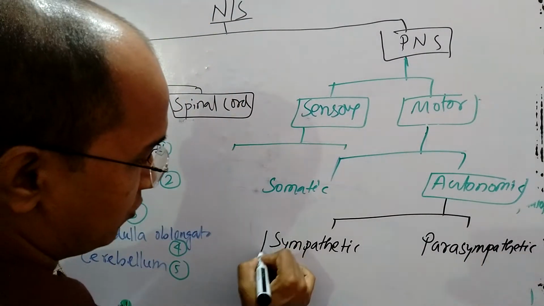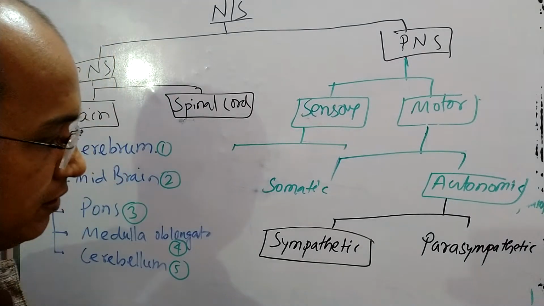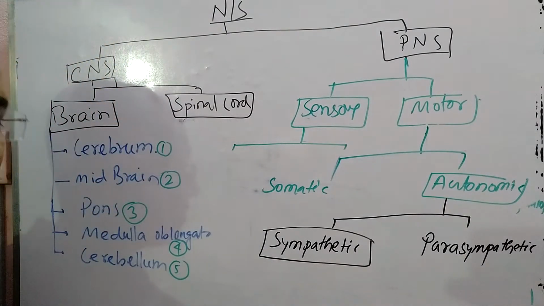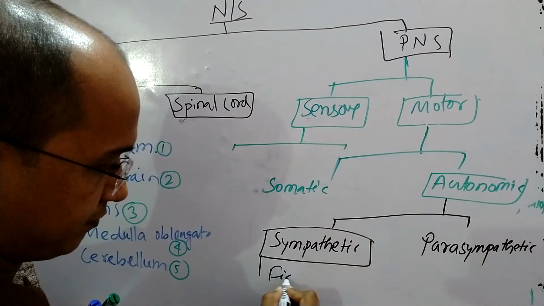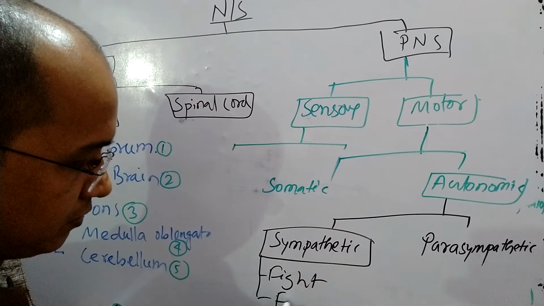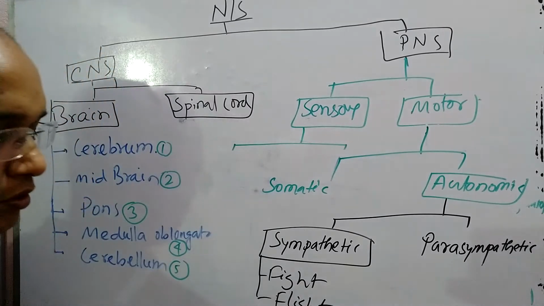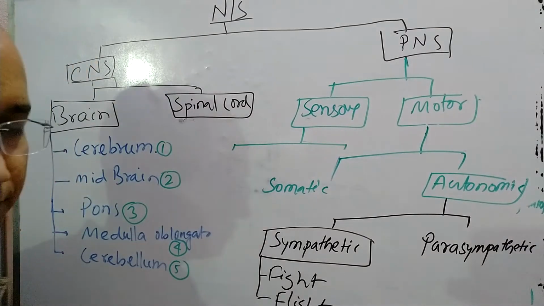Sympathetic system consists of adrenergic system, which acts in emergency situations like fight or flight. When you are in a critical situation, your sympathetic system will be activated and will serve to save you from the critical situation.